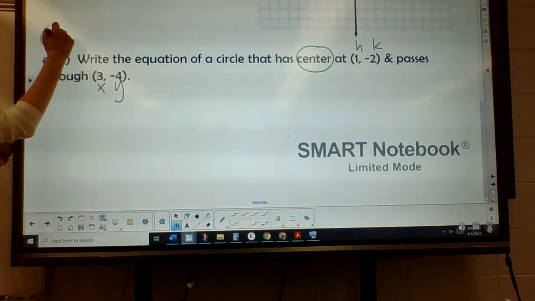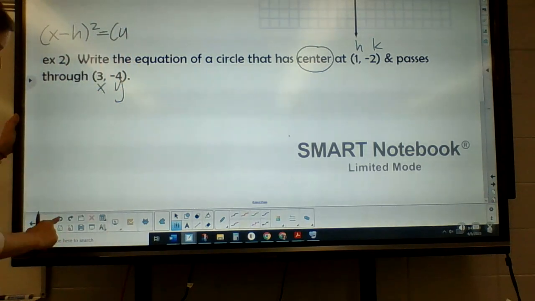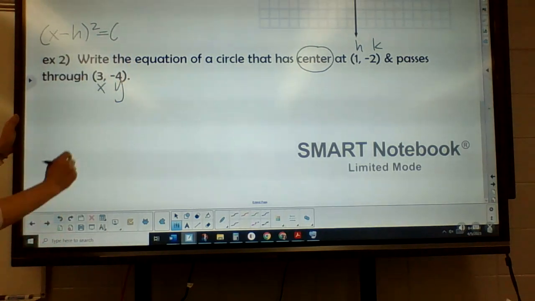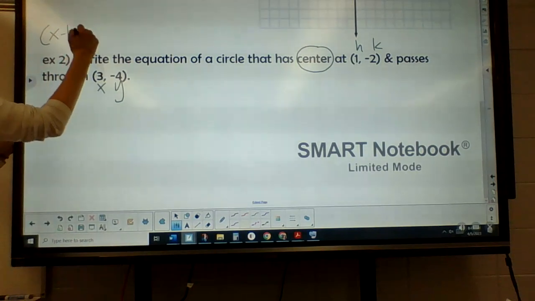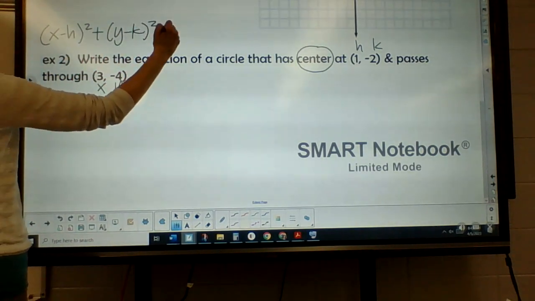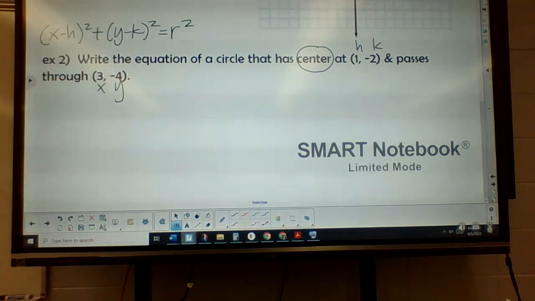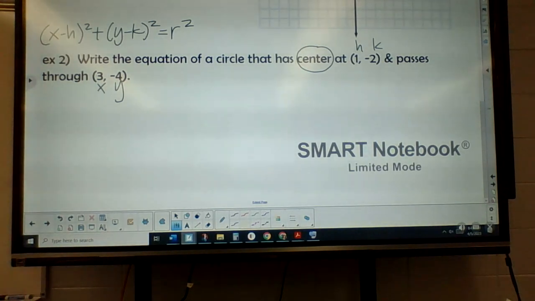And again, our equation of our circle looks like this. Oops, I keep doing the wrong thing in the middle there. Plus. So I need to know what r is, and I don't currently. So we're going to have to figure out r, and again, it essentially is just doing the distance formula. It's going to feel a lot like that.